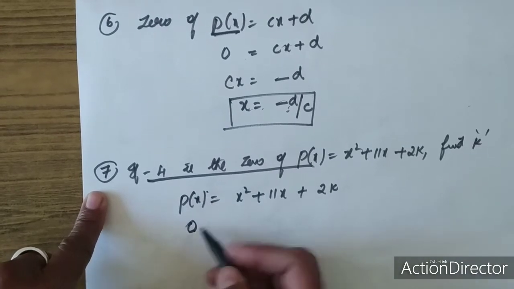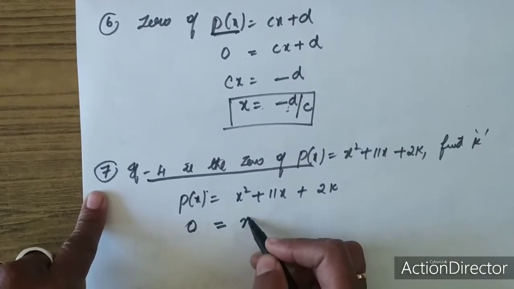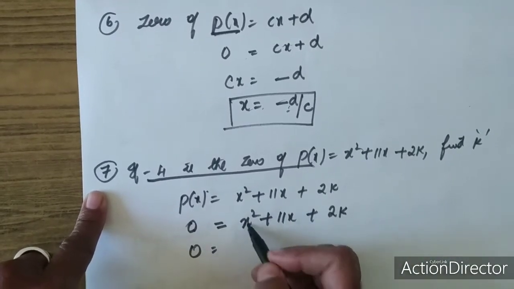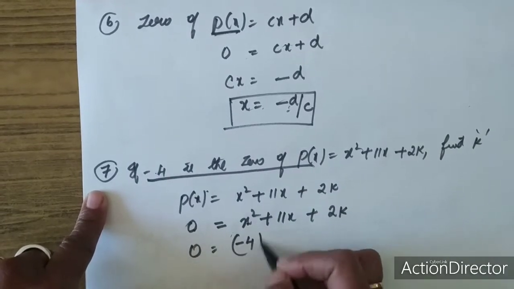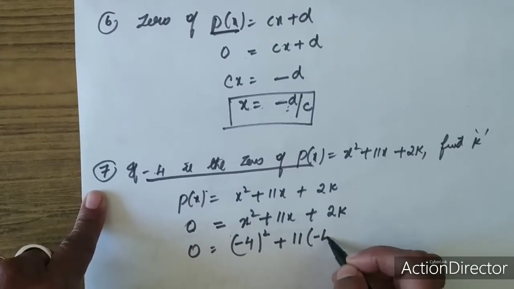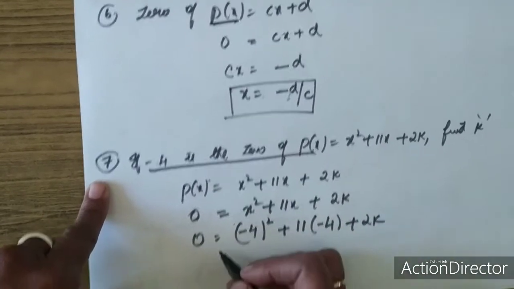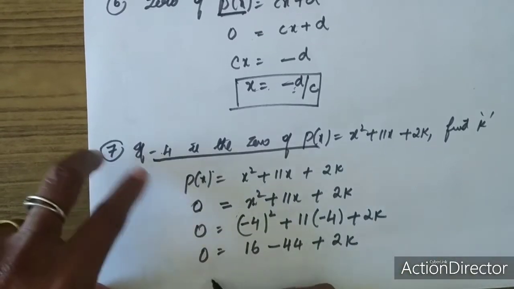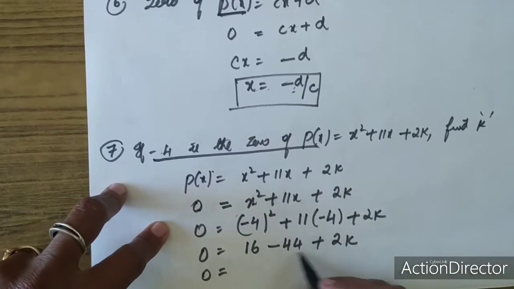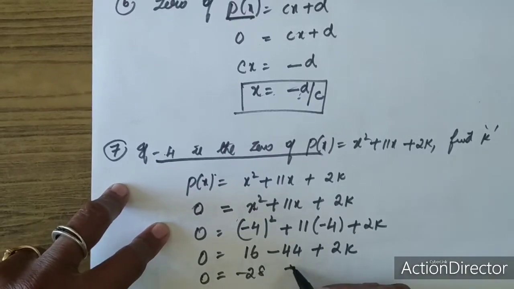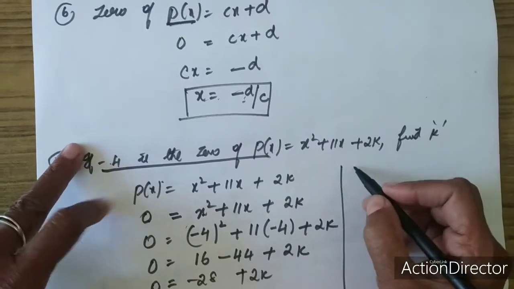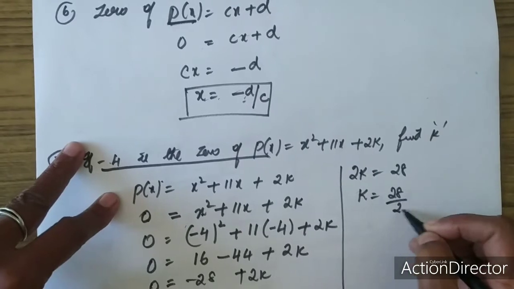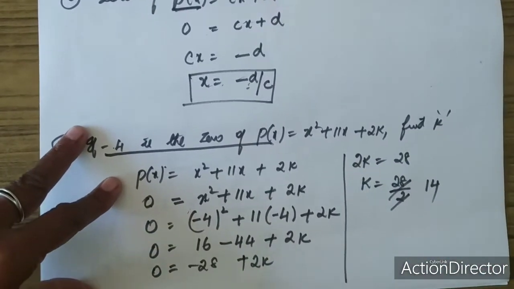That means p of x is equal to 0, which is equal to x square plus 11x plus 2k. 0 is equal to, value of x is minus 4, so minus 4 whole square plus 11 into minus 4 plus 2k. 0 is equal to 16 minus 44 plus 2k. 0 is equal to minus 28 plus 2k, or 2k is equal to 28, or k is equal to 28 divided by 2, which is equal to 14.